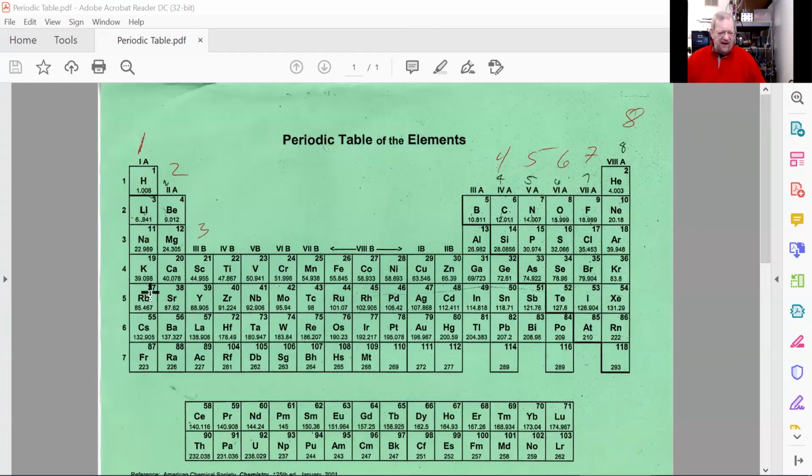I'll say that again. Alkali metals and alkaline earth metals, meaning alkali metals like lithium, sodium, potassium, and the other ones we won't talk about in this class, and alkaline earth metals, magnesium and calcium, strontium, barium, but in real life, we'll just talk about magnesium and calcium. These always form ionic bonds. They always give up electrons.